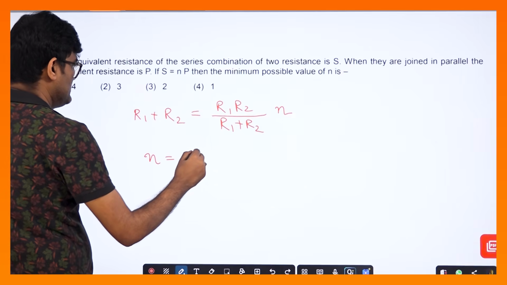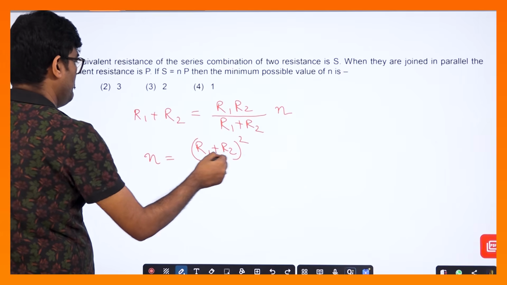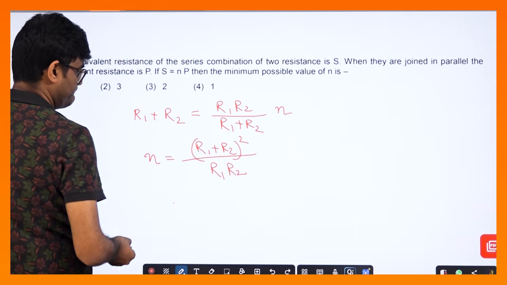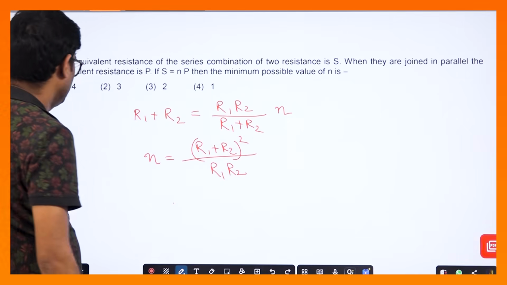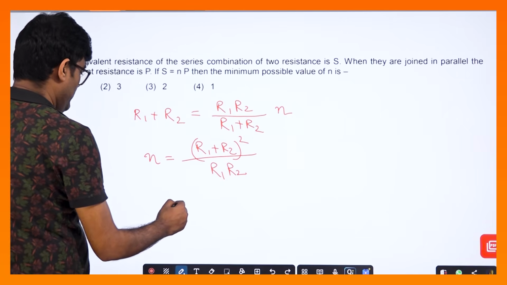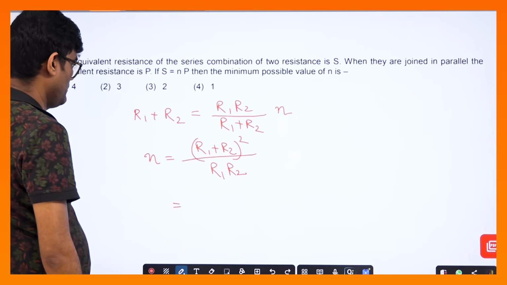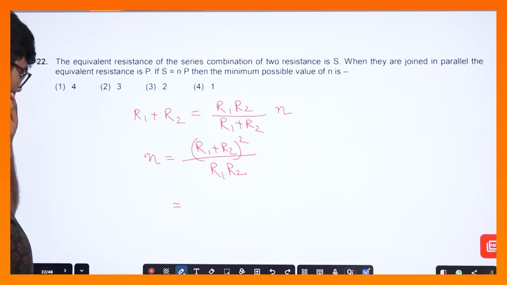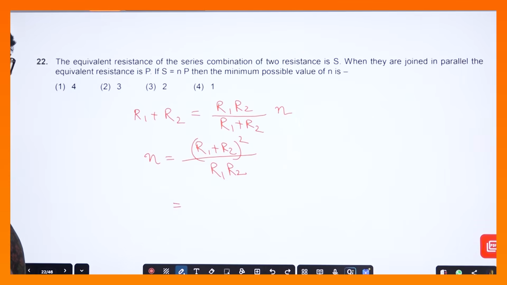So the value of n is equal to R1 plus R2 whole square by R1 R2, right? What is the minimum value of this expression? I think the minimum value can be if both are the same, then the minimum value of this expression can be 4.